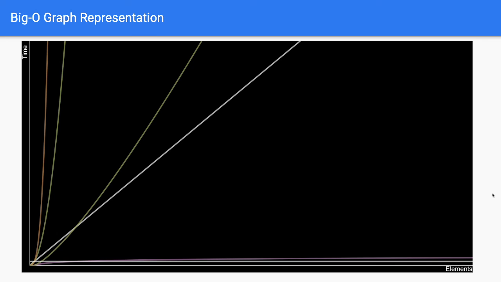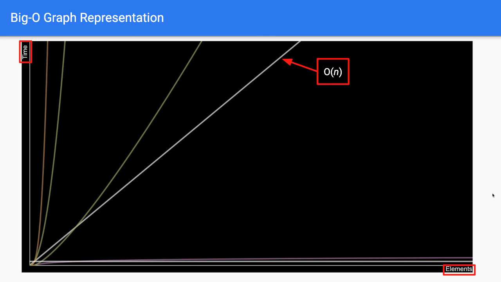This graph represents different big O lines. Before looking into the graph, let us understand what each axis represents. The vertical, or the y-axis, represents time, as you can see on the top left-hand corner. The horizontal, or x-axis, represents the number of elements, as shown on the bottom right-hand corner. The graph line in the middle represents O(n), or the big O of n.